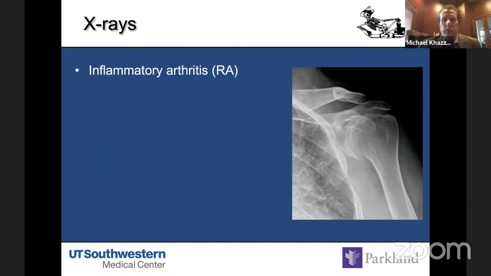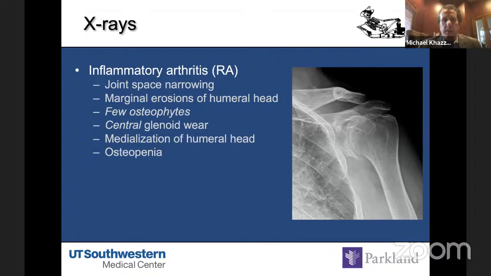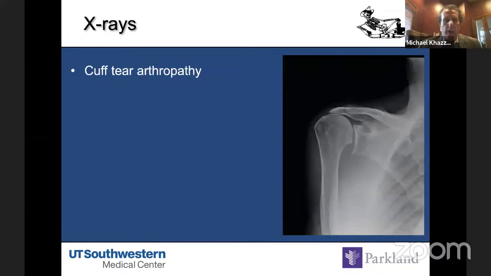As opposed to inflammatory arthritis from something such as rheumatoid arthritis, where you get more central wear, joint space narrowing, marginal osteophytes on the glenoid more than the humeral side. The humeral side is oftentimes spared of osteophyte growth, but there are subchondral changes. There's central wear, medialization of the humeral head, and loss of bone quality.